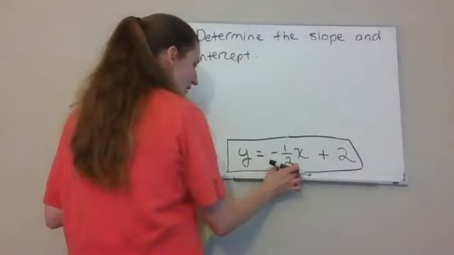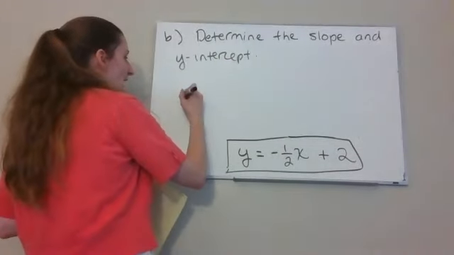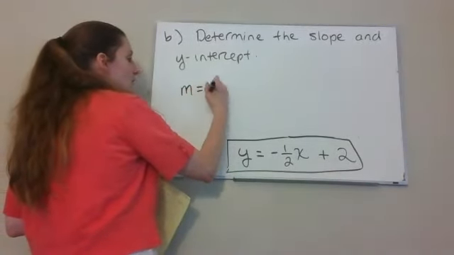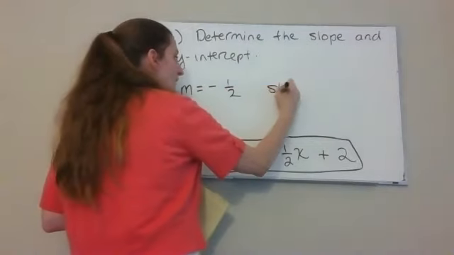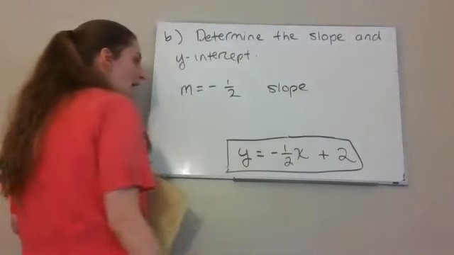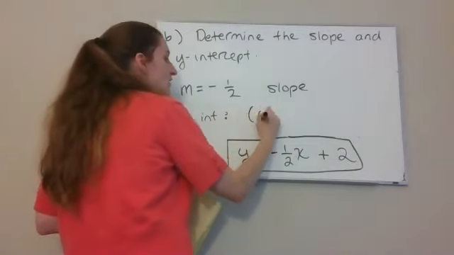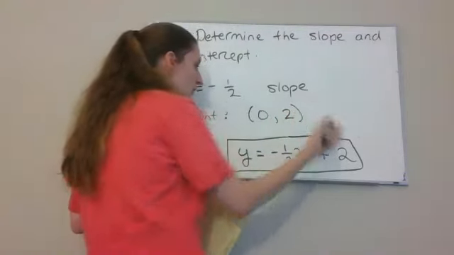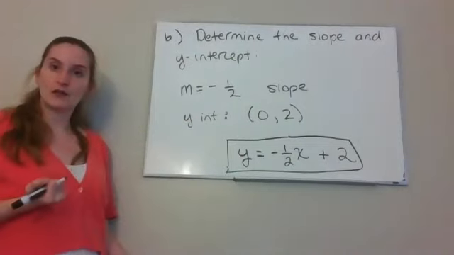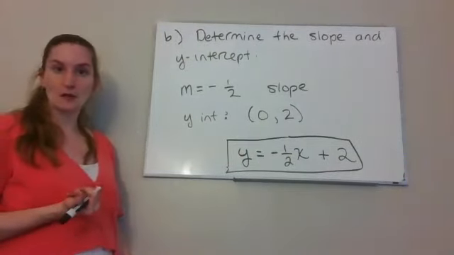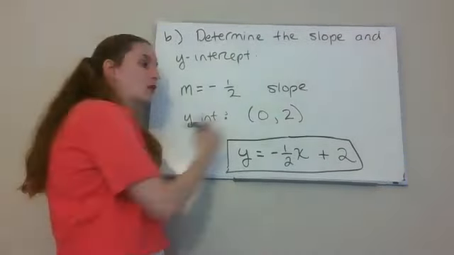So my m in this case is negative 1/2. That's my slope. And my y-intercept is the point (0, 2). Remember, the x-coordinate of your y-intercept is always 0, and your y-coordinate is going to be your b.